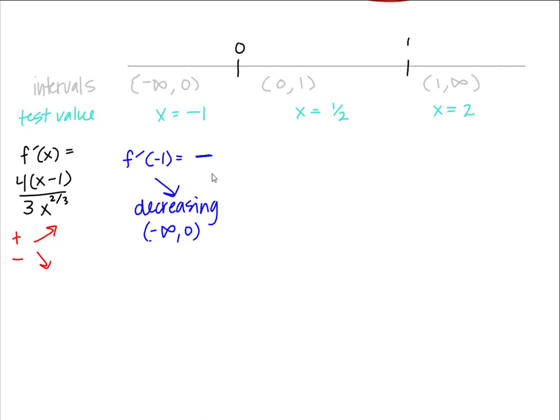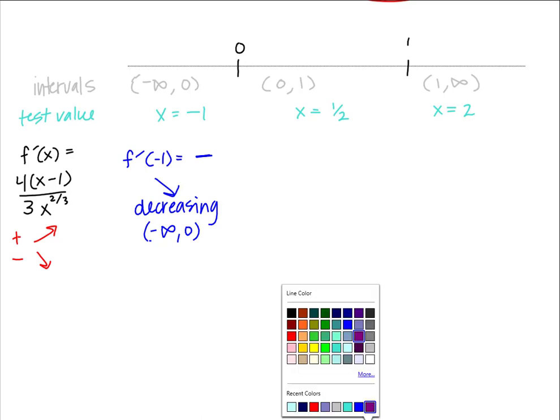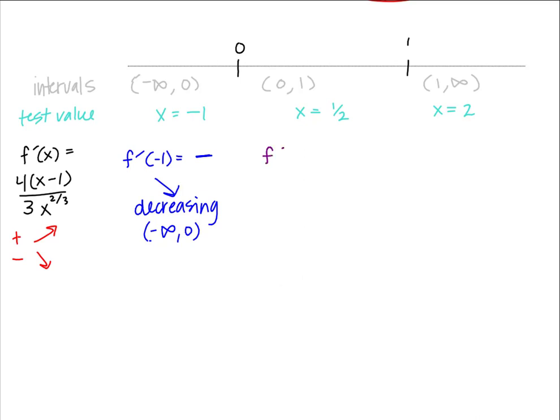Now let's try this again with another value. So let's look at f prime of 1/2. So what happens if I take that 1/2 and I plug it in here? 4 times 1/2, well, that's 4 times a positive value. So that would be positive in the numerator, and 3, plugging in 1/2 to the denominator, that would be a positive value.